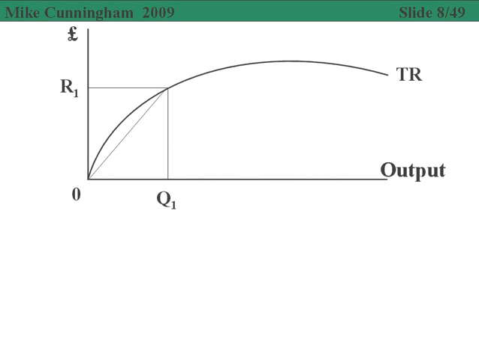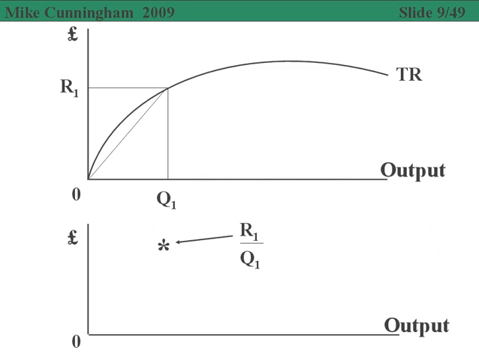Now let's draw a second diagram underneath this to show what happens to the average. This diagram underneath has pounds on the vertical axis and output on the horizontal axis, and I've marked a point on here which represents the ratio R1 to Q1.